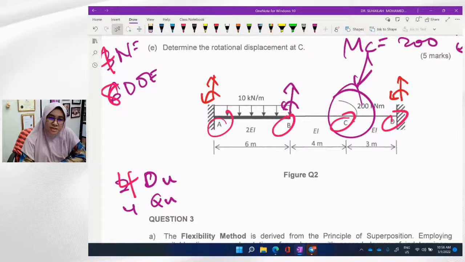Of course, the first thing is we need to identify the number of unknown displacements, because we can only calculate unknown displacements up to 3 degrees of freedom.